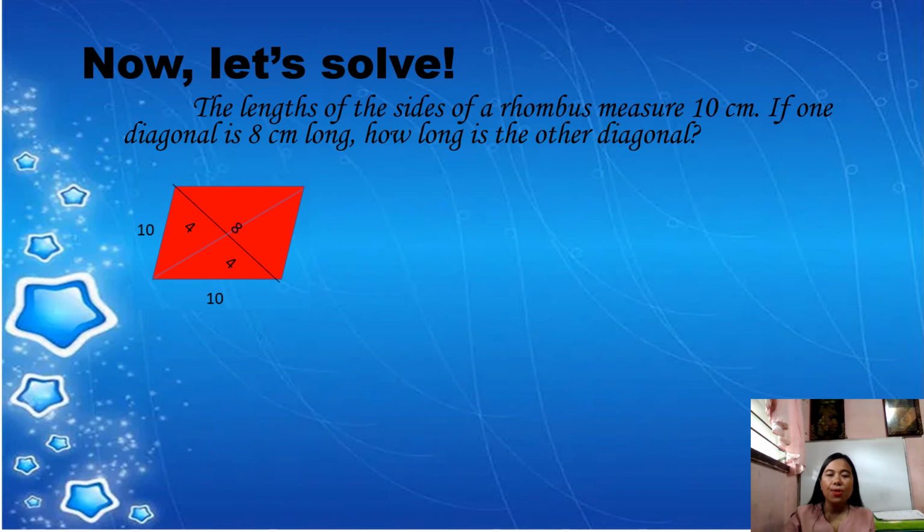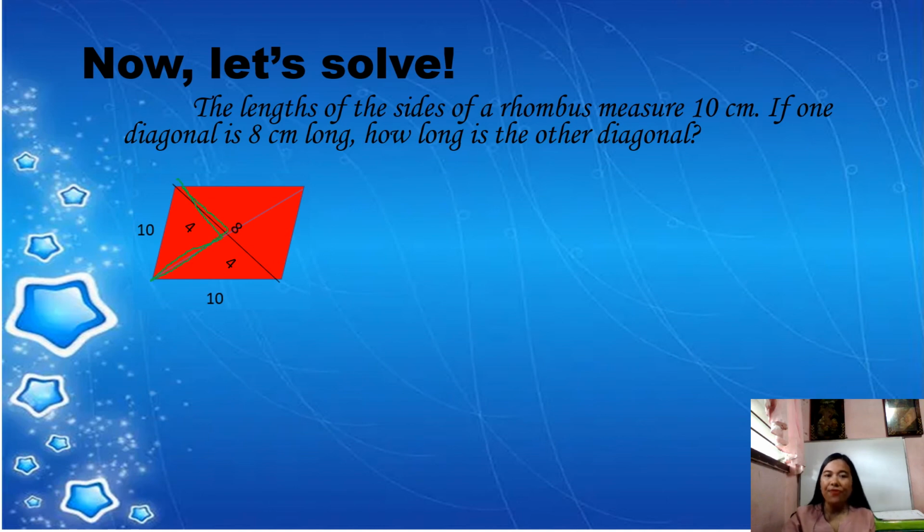Take note that theorem 1 of rhombus states that diagonals of a rhombus are perpendicular. Therefore, this one here is a right triangle.